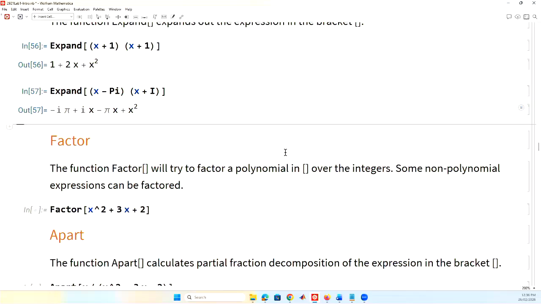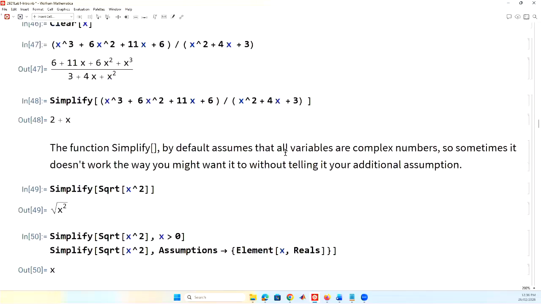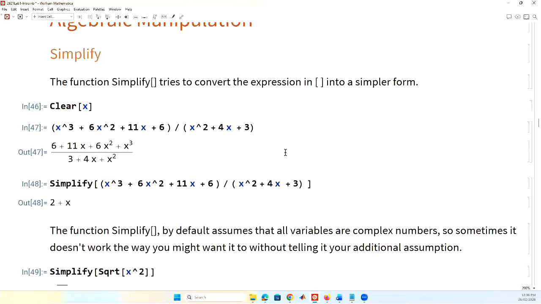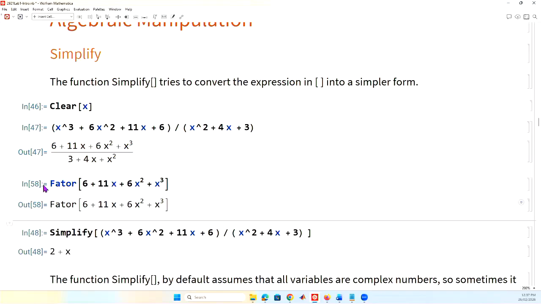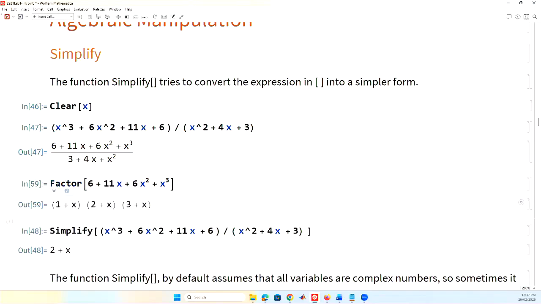Complex numbers will appear later in the semester, and it's good to know how to tackle those. Okay, so say I wanted to go back and find out what those common factors were. Mathematica can factor expressions for you as well. So let's factor the numerator. Factor. Spell it correctly, might be a good idea. Factor.